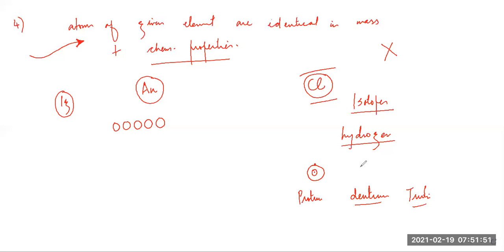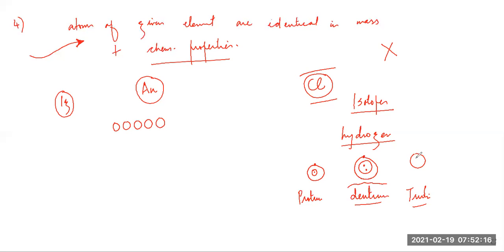In deuterium, students, interestingly, in the nucleus of this other isotope of hydrogen, there is a proton, and interestingly, there is a neutron also, and valence one electron. In tritium, tri means three.